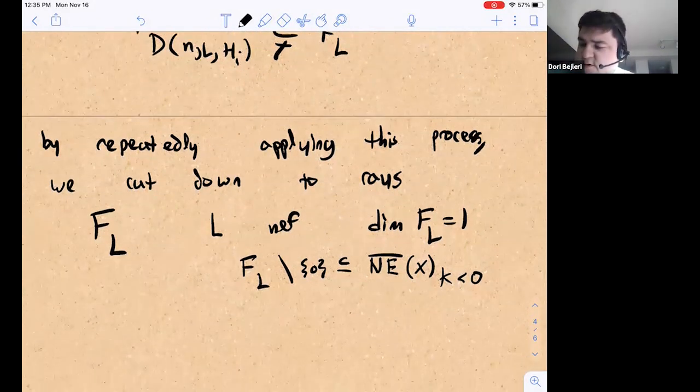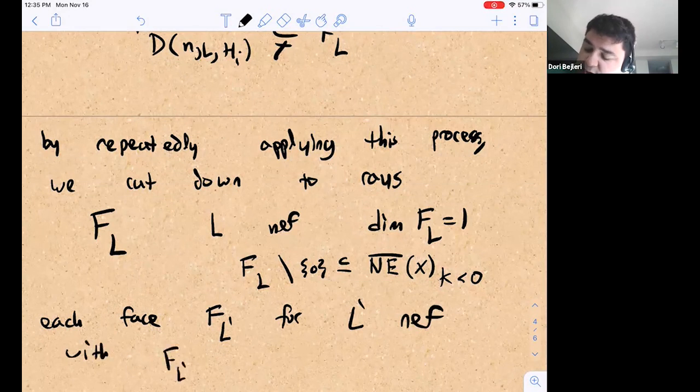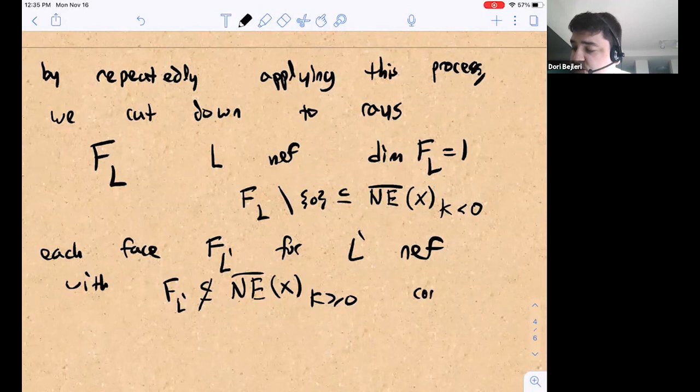And the point is that not only do we have all these rays, we also have that each face FL prime for L prime Nef with FL prime not contained in the positive part contains one of these rays.